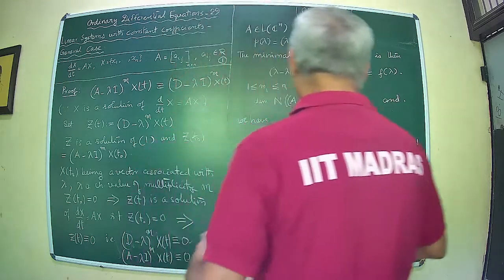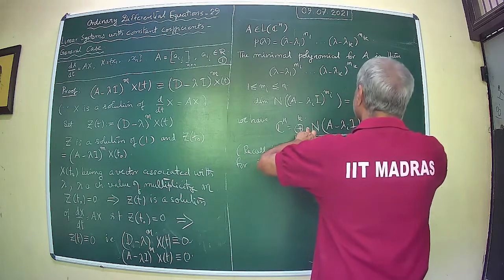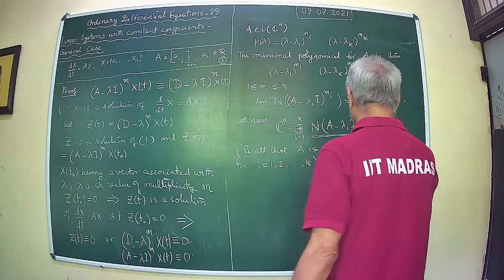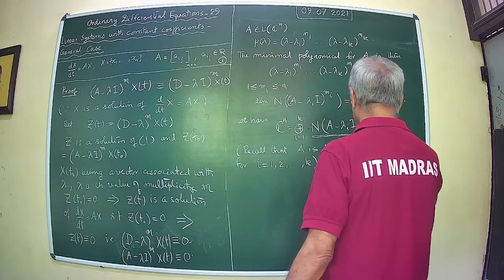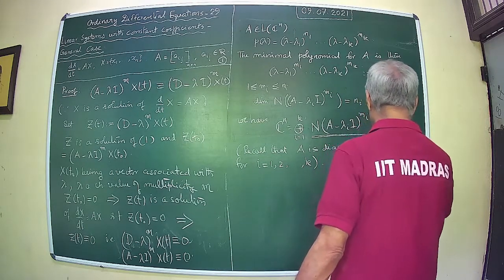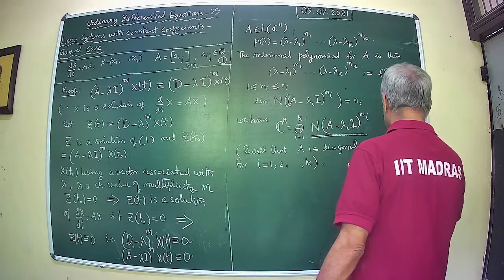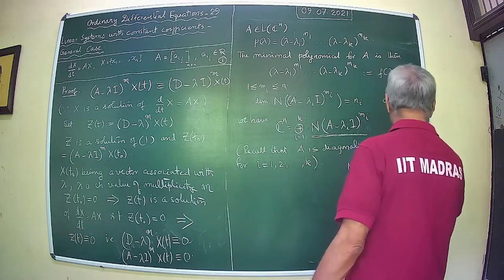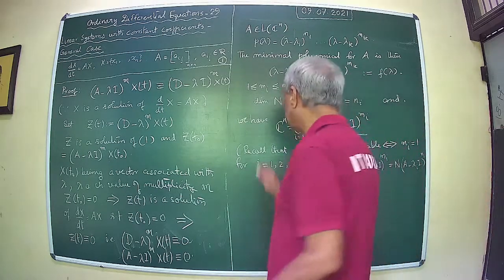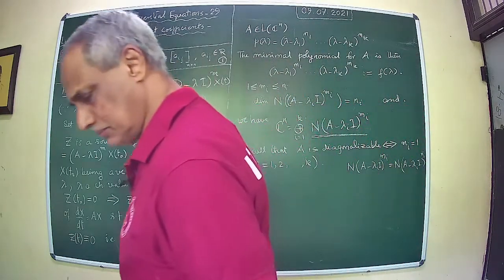In fact, see, the null space of this is the same as the null space of this. You can easily see. That's what the minimal polynomial comes upon. So let us write this one.